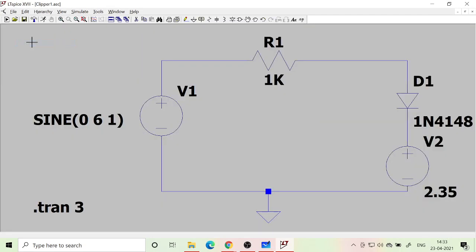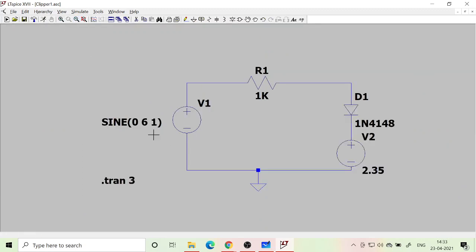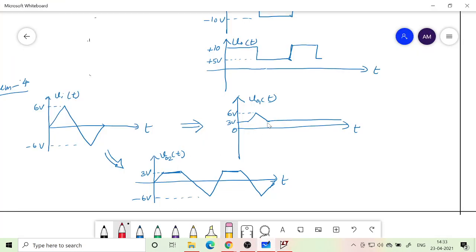Let's try to do the other problem. There is a second part to the problem. If you go back, the second part is to create a waveform like this. Here the diode is forward biased for the majority of the time, until the peak comes.